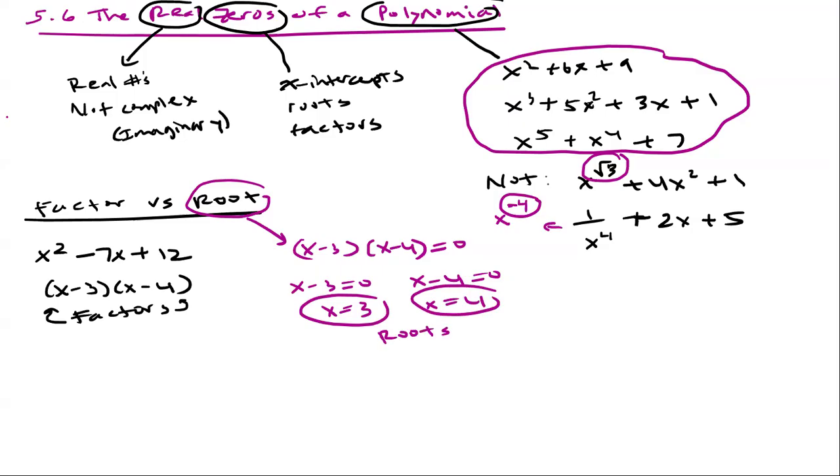And they're also called zeros. Roots, zeros. Or they're also called x-intercepts, where it crosses the x-axis. So the actual numbers that you get are your roots, your x-intercepts or your zeros.